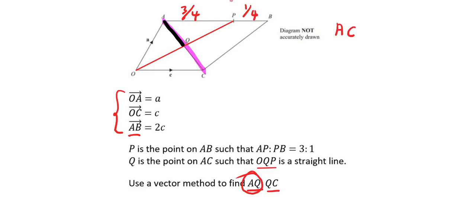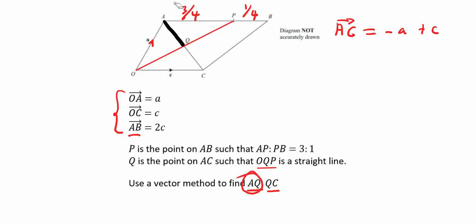Vector AC is equal to AO plus OC, and this will become negative A. I hope that makes sense, because in vector, direction matters. Since you have the arrow heading in this direction, if you are moving in the opposite direction, it will become negative. All right, so negative A plus C. So that is the vector AC.